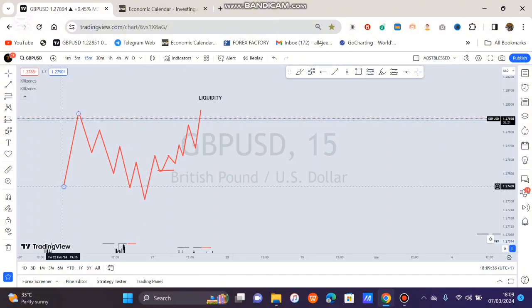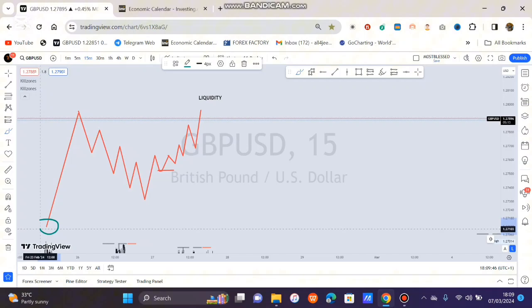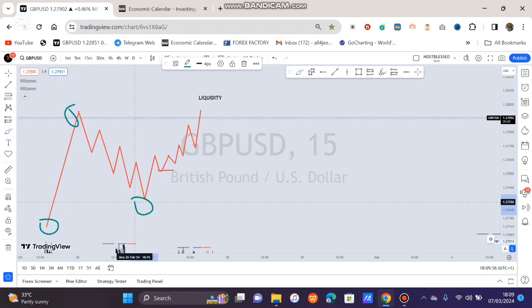You have this, the market is coming from a downtrend, which means these lows are external liquidity. These are another major liquidity, our next external liquidity that we want to take.